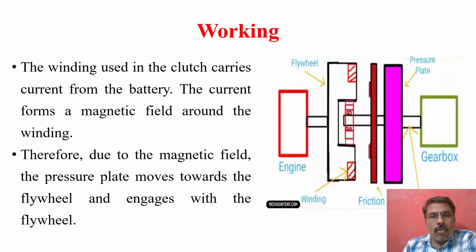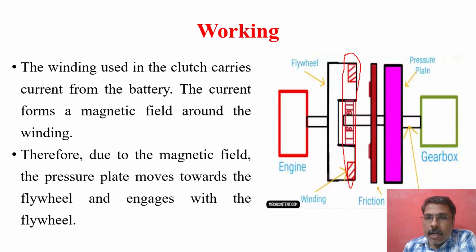Then we will discuss the working principle of the electromagnetic clutch. The winding used in the clutch carries the current from the battery. The current forms a magnetic field around the winding. You see here, this is the winding provided in the magnetic field, energized by supplying power from the battery. Due to the magnetic field, the pressure plate moves towards the flywheel.